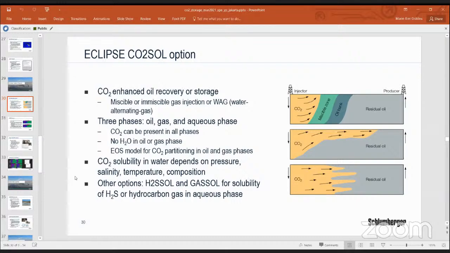In this case, water is not vaporized in oil or gas, but we do use calculations of CO2 solubility in water, depending on pressure, salinity, temperature and composition. We have some other related options for hydrogen sulfide and for general gas solubility in the aqueous phase. They're all tailored for specific types of studies.